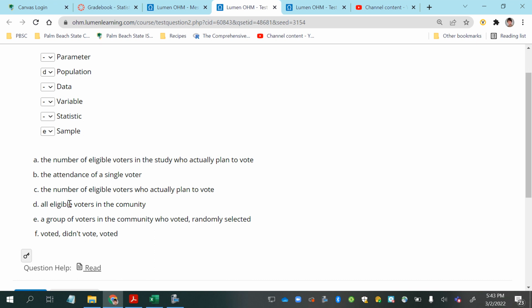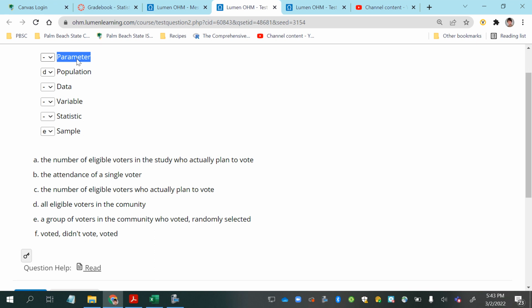We also see this parameter versus statistic, and this is similar to distinguishing between population and sample, because the parameter would be a measurement that comes from the population. So parameter, think metric, measurement. It could be counting how many, or a percentage, or calculating something like an average, a mean, a median.